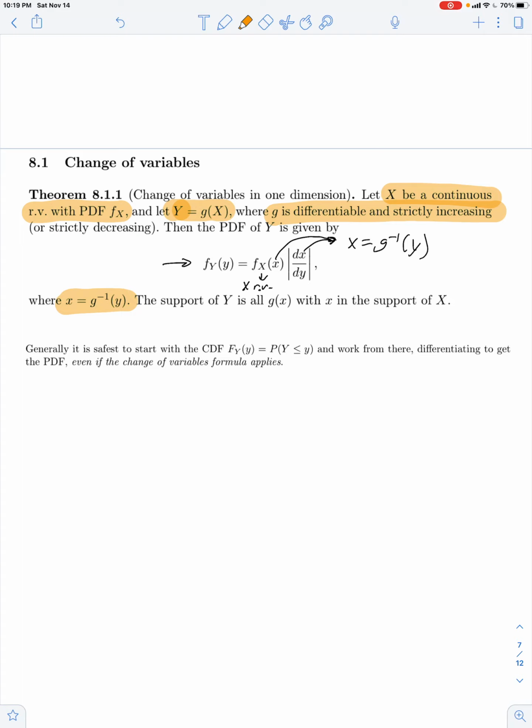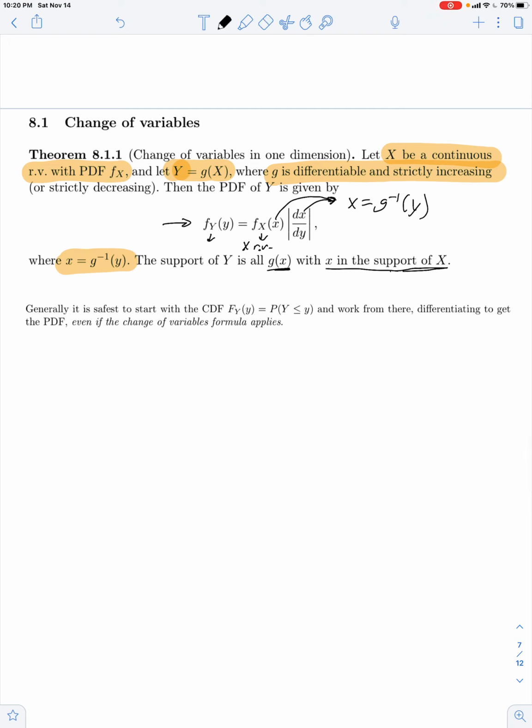And also the support of Y is given by all g of x with x in the support of X. So in other words, once you've found the formula for the PDF of Y, you can get the support of Y by just plugging in all values of x into g of x, and that'll give you the support of Y.